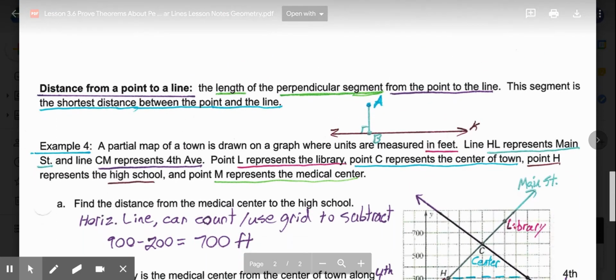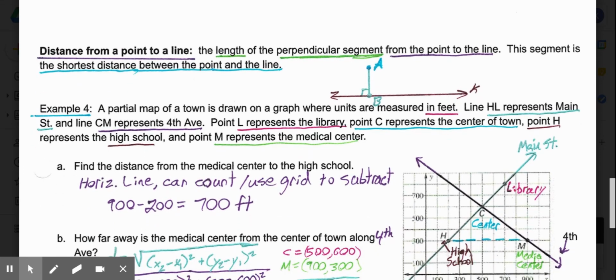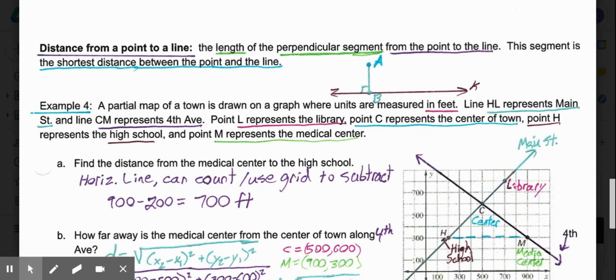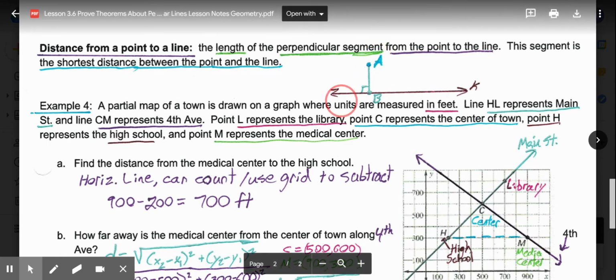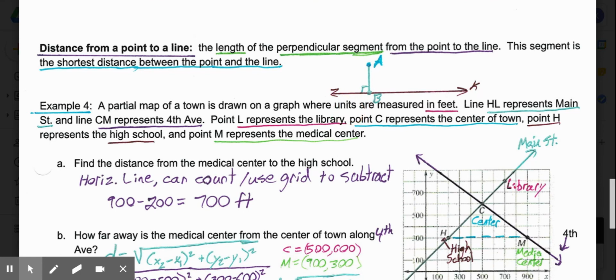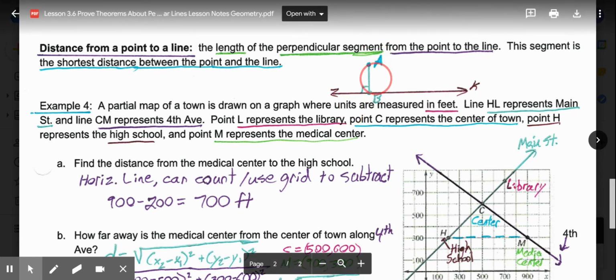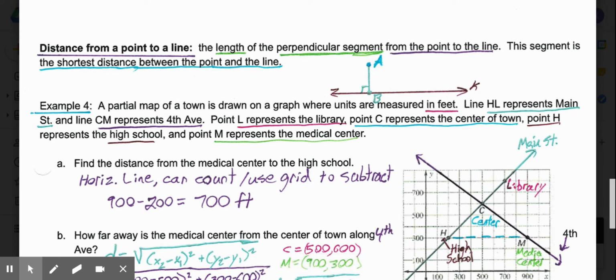Then we get to the final idea and the final example. So the final main idea for this lesson is the distance from a point to a line. So if we have a random point, point A, and a line K, the length of the perpendicular segment from that point to the line is the shortest distance between the point and the line.